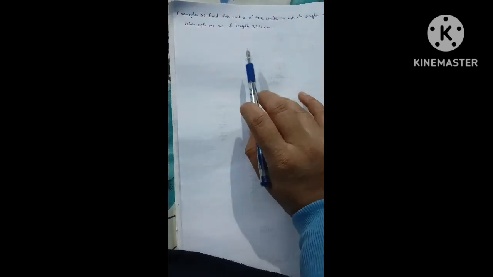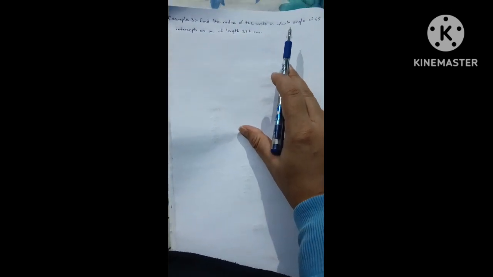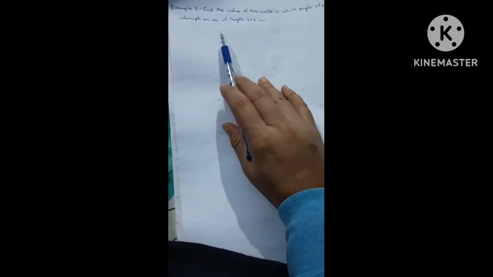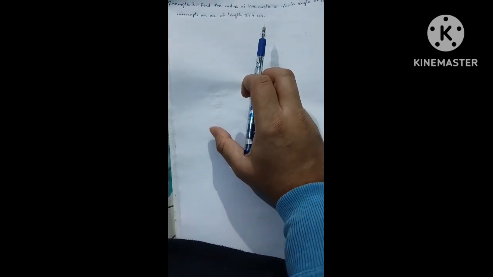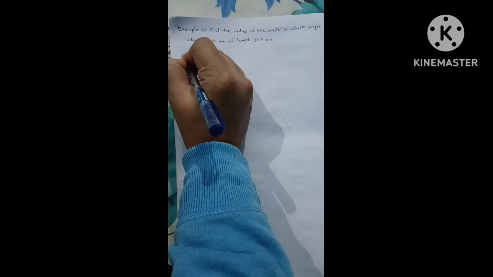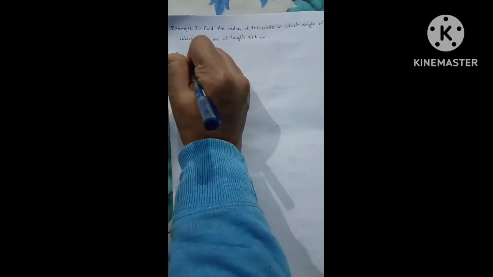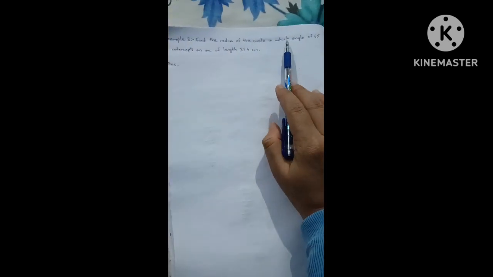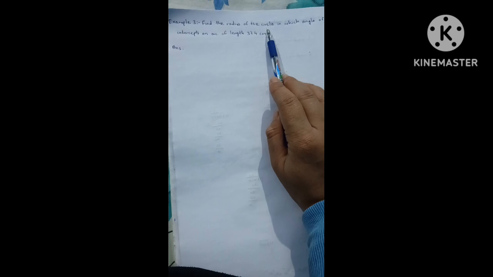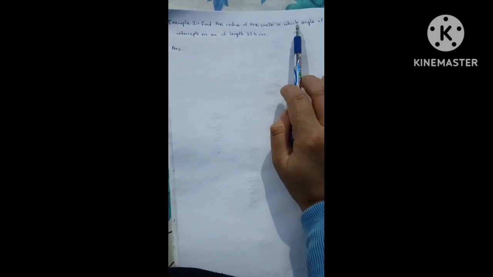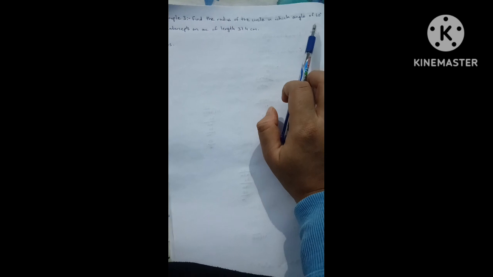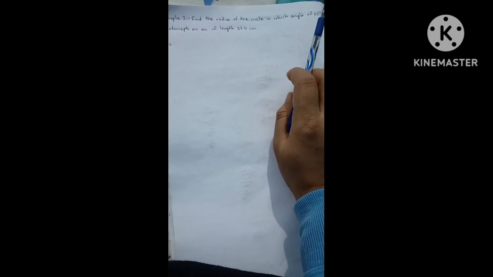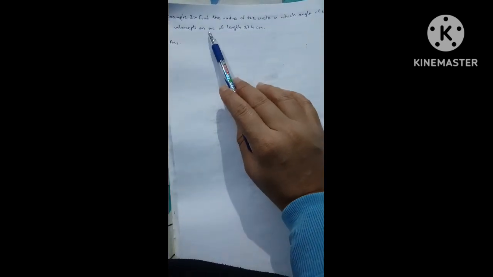See the next example. Find the radius of the circle in which angle of 60 degree intercepts an arc of length 37.4 centimeter. Let's solve this question. Here we have given a circle where the central angle is 60 degree which is subtended by an arc.